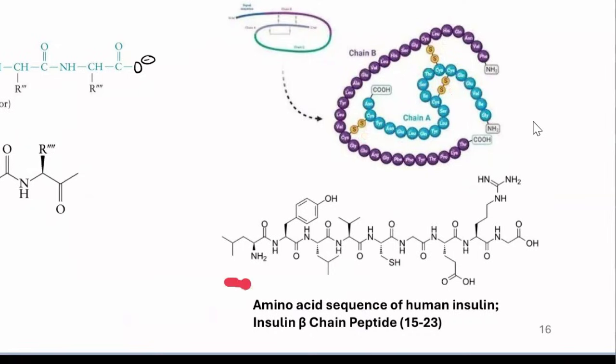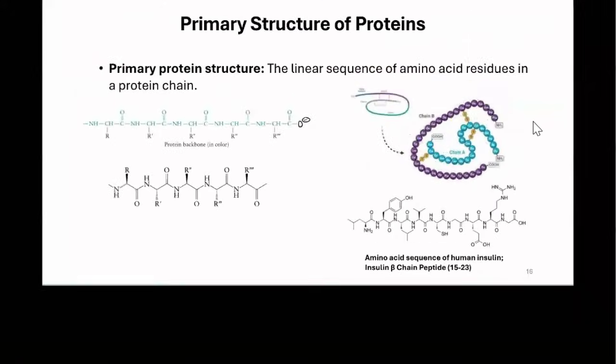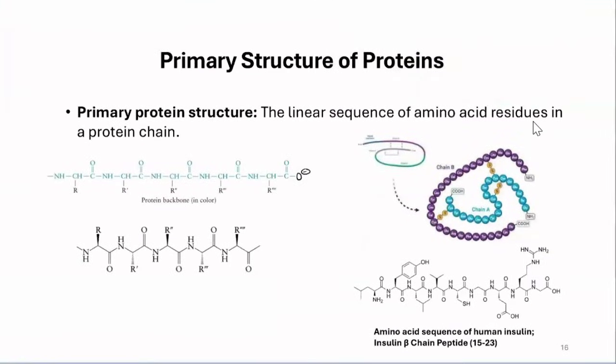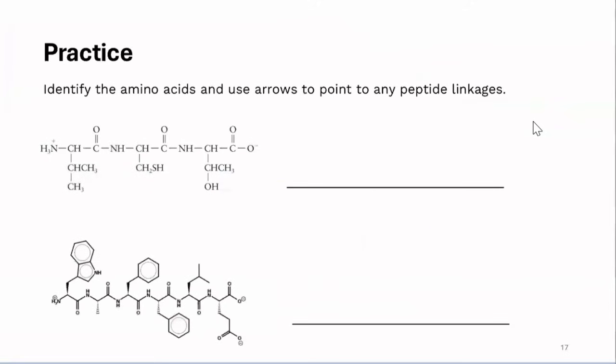We can see in this segment the drawing of the sequence specifically between amino acid 15 and 23. One of the things that is important that you know how to do is that if a primary sequence of a peptide is given to you, you can define what the amino acids present in it are. Let's practice how to do such exercises or problems.